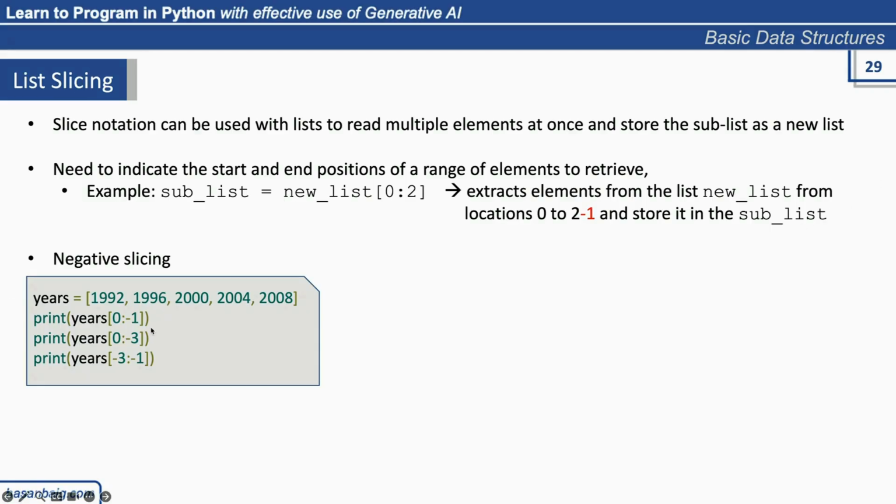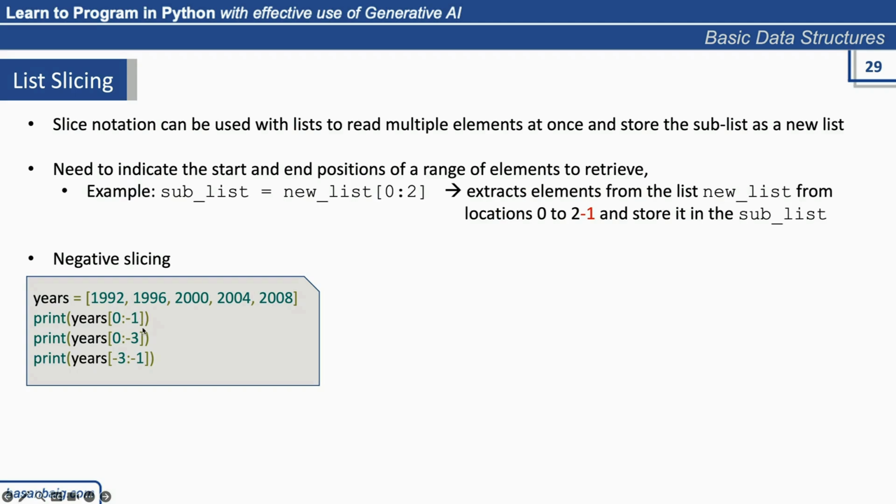So 0 colon -1. So what do you think it will print? Everything but what? 2008. Why? Because -1 is what we have specified, so that will not be included. Anything before that will be included.